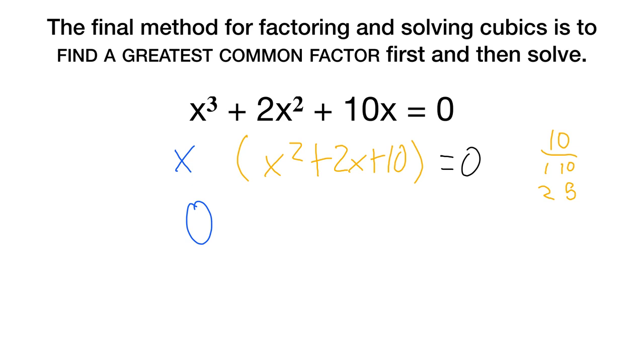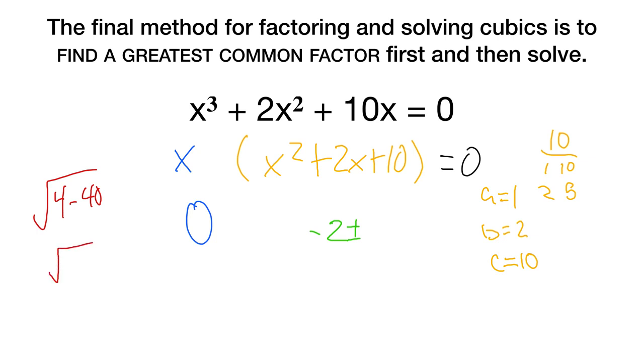Yay! So, a is 1, b is 2, c is 10. So, let's see. Negative b plus or minus square root of 4 minus, in this case, 40.